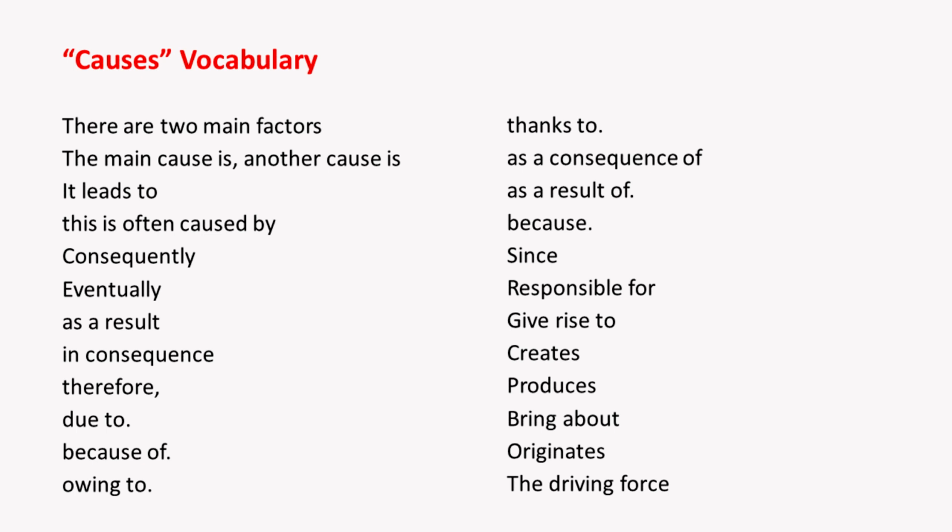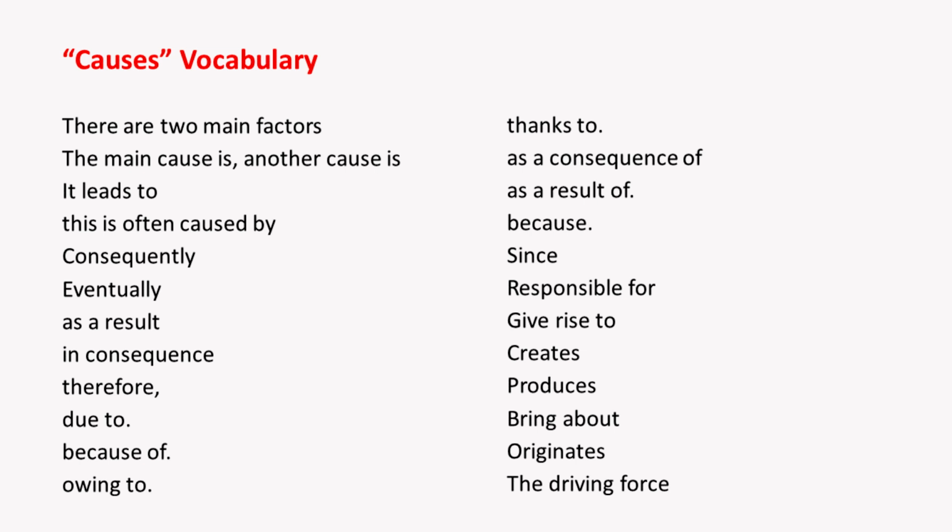The main cause, and then once you're done with the first cause, you can say another cause. And when you're talking about the result of it, you can say it leads to, or this is often caused by, and then consequently, eventually, as a result, in consequence, therefore. These are the words that you can use to talk about the result.